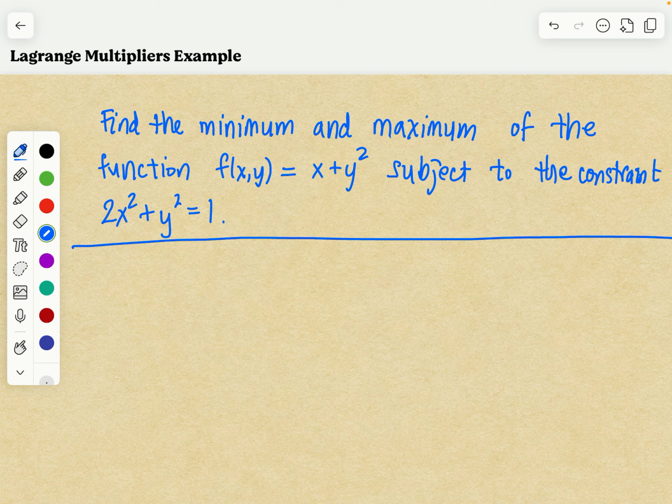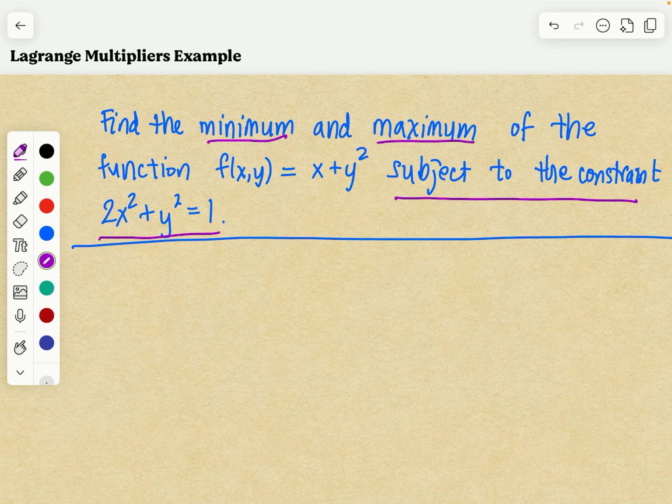so when I see this question, it says that I'm supposed to find the minimum and the maximum of a function, right? And it's subject to this constraint. So what that means is I want to know the biggest and smallest values of this function, f of x, y, but your x and y can't be anything.